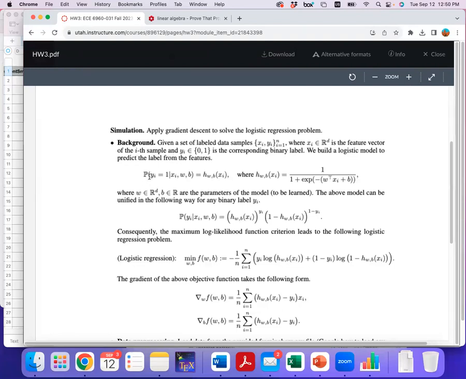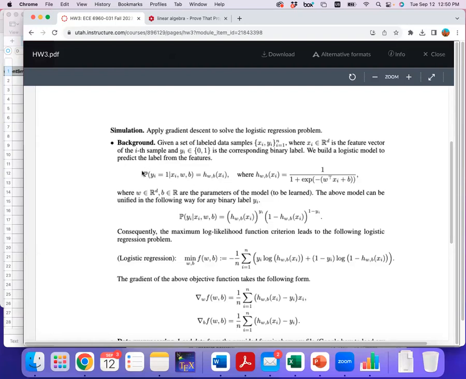Basically, the model will do the following. Given the features Xi and some parameters of the model, this W and b are the parameters that we need to learn, we need to optimize. Given the features, we want to build a model that can predict the label Y for us.